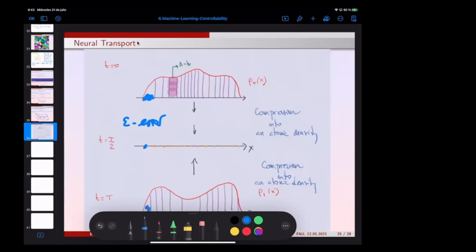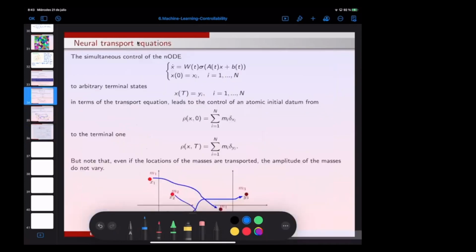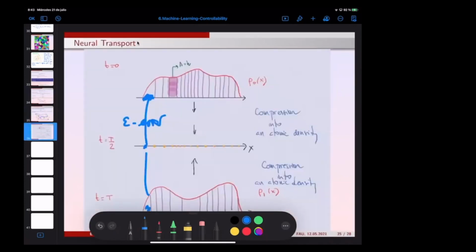These other points here will go to this epsilon neighborhood of this one forward, the other one backwards. And when I match, I have a transformation of the initial mass into the final mass. So out of these elementary results on the simultaneous control of the neural differential equation, I can do neural transport with an epsilon error. What does it mean? Neural transport is the transport of mass.